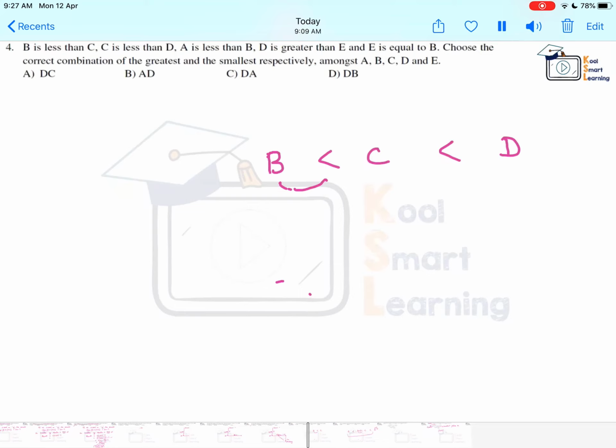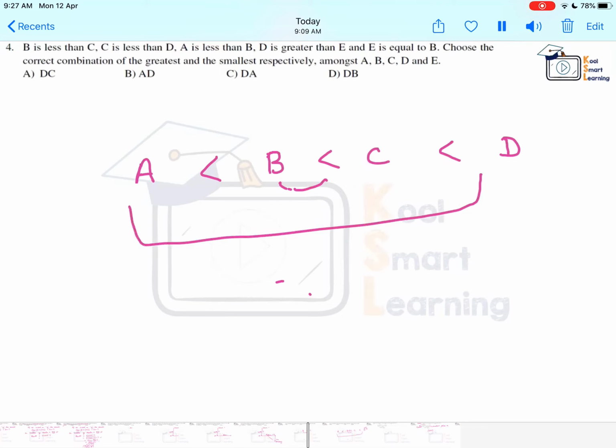A is less than B, so A has to come somewhere here. D is greater than E, so it means E can come somewhere in between this. And E is equal to B. So this means E is fitting in here. Right? Now choose the correct combination of the greatest and the smallest respectively.